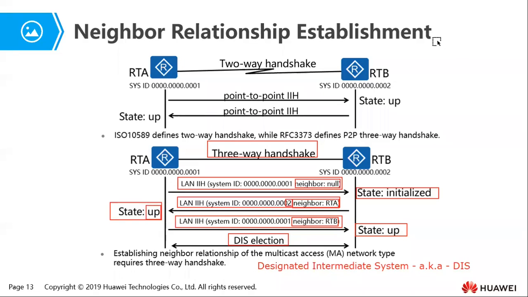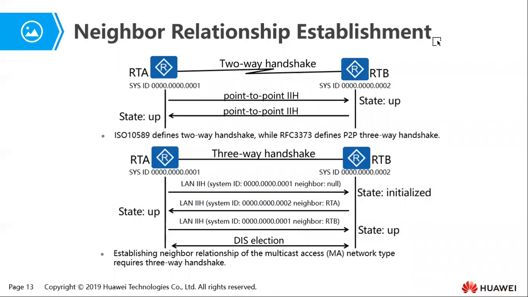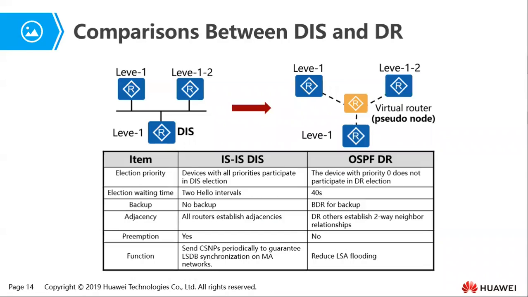Okay, so let's move on. Let's look at the comparison between the DR in an OSPF network and the DIS. We can begin with the election priority.